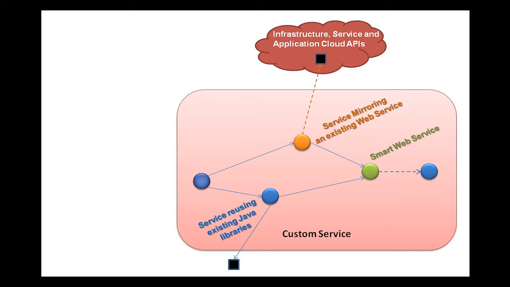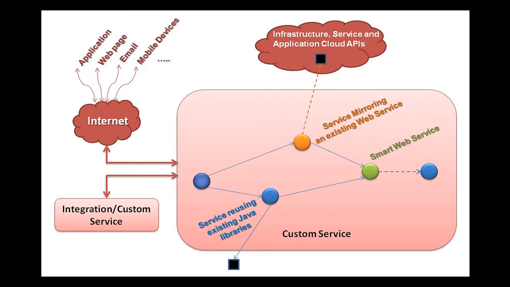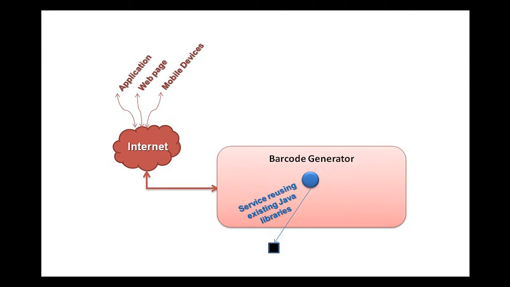They can be invoked from applications, web pages, email, mobile devices using Internet protocols, or directly from integration or custom services. This intro will pass through 3 examples. The first one to illustrate reuse and service enablement of existing software assets and how to invoke custom services using Internet protocols.